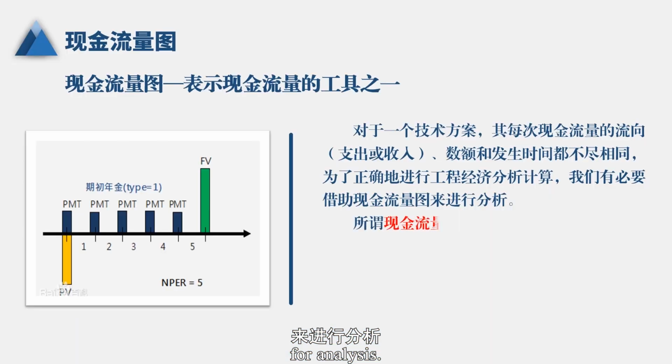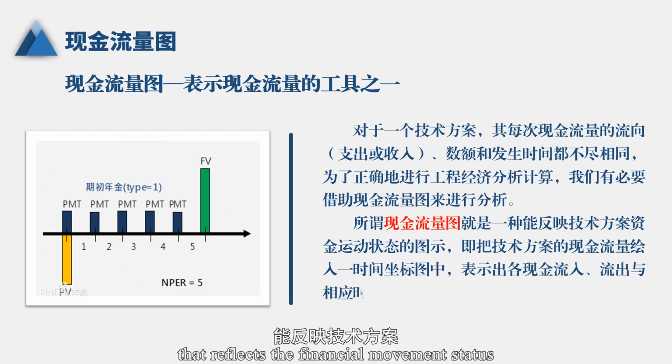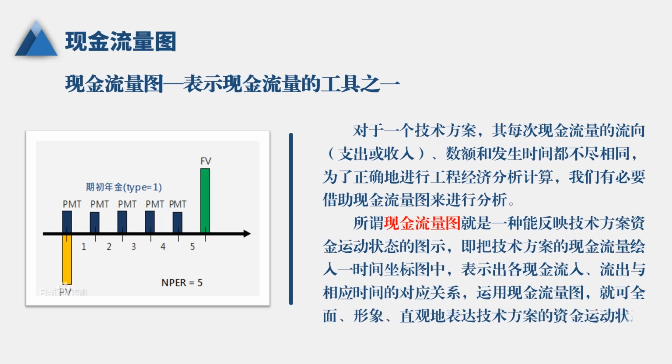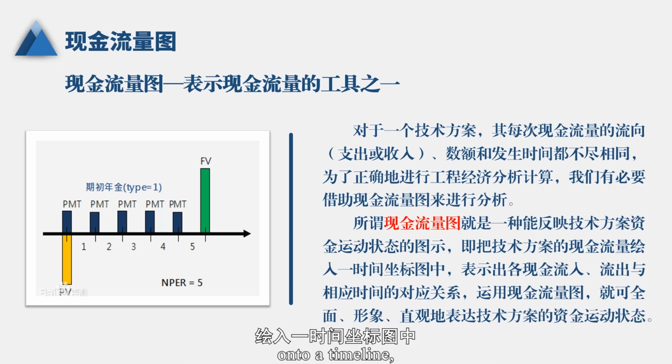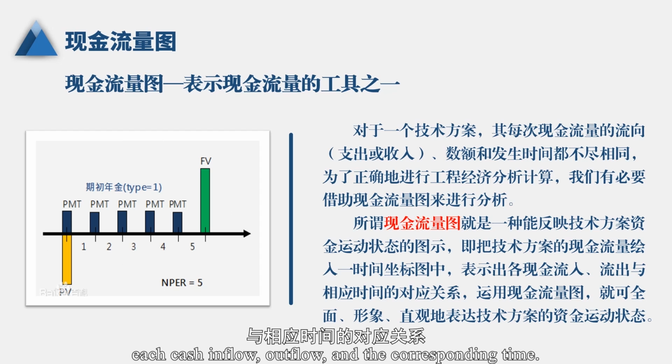For analysis, a cash flow diagram is a graphical representation that reflects the financial movement status of a technical plan. It plots the cash flows of the technical plan onto a timeline, showing the correspondence between each cash inflow, outflow, and the corresponding time.